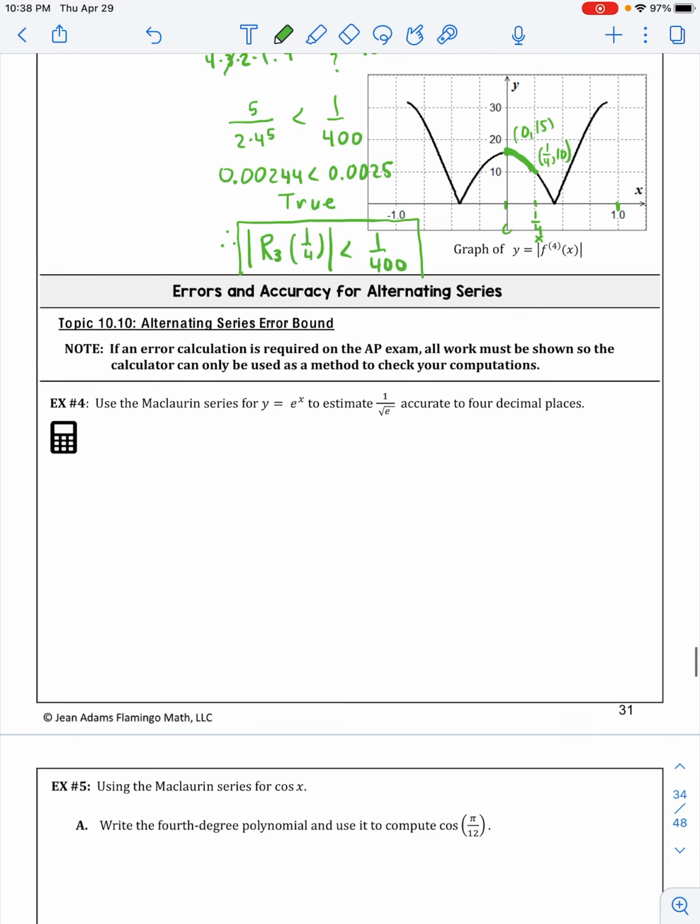So in between this interval, what is the highest value of the function that is your fourth derivative? Okay, so that was a good one.